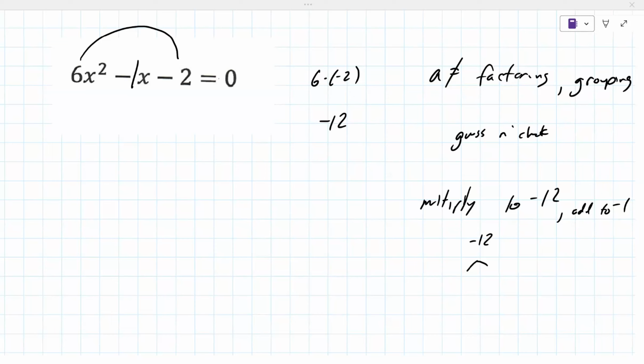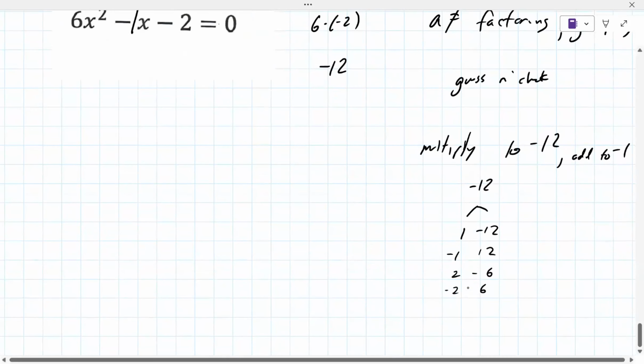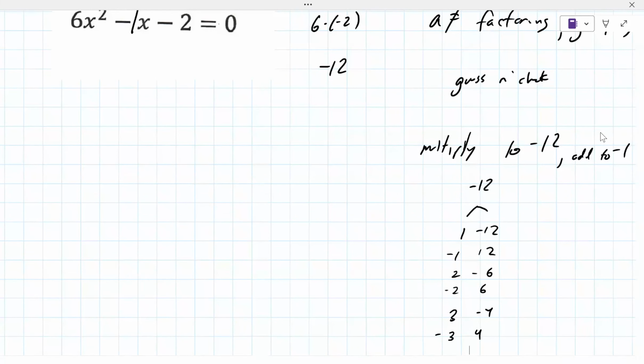No, those do not multiply to -12. So for example, I'll go through some of the possibilities: 1 and -12, -1 and 12, 2 and -6, -2 and 6, 3 and -4, -3 and 4. These all multiply to -12, and one of them could add to -1, and that's what we're looking for. Do any of these add to -1?